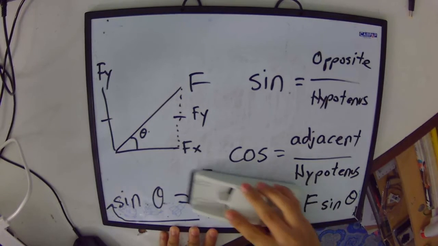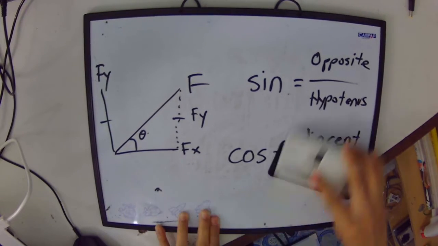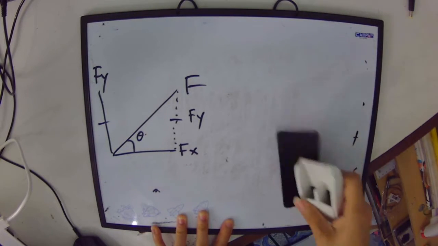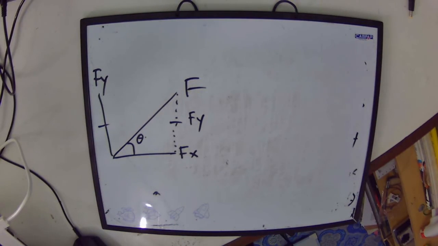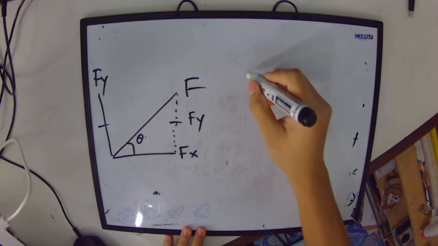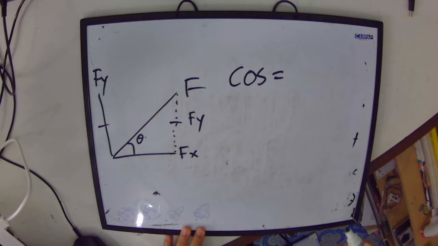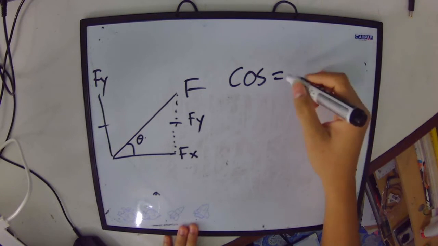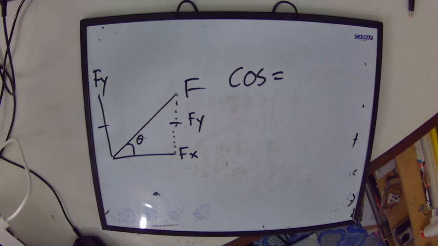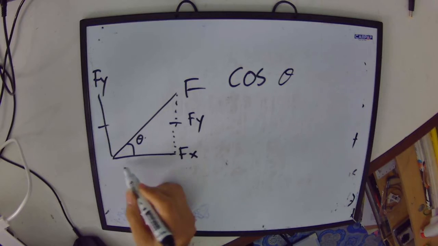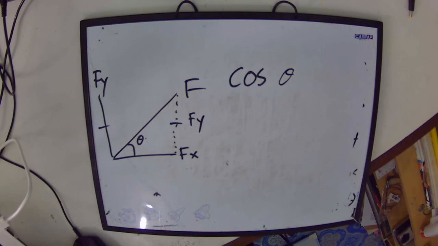Okay, it's the same idea with cos. Cos is adjacent over hypotenuse. So for your cos for this one, your adjacent is this line here, Fx.